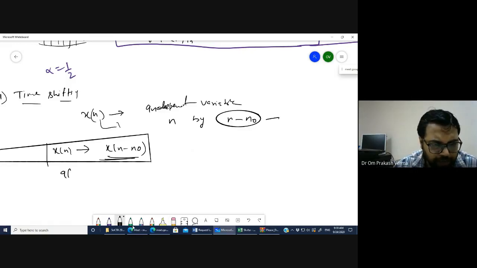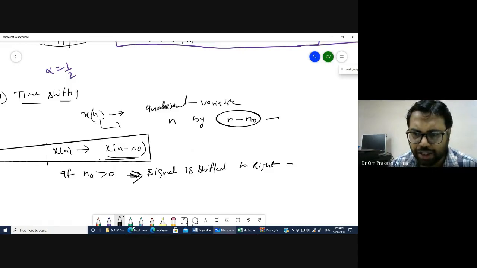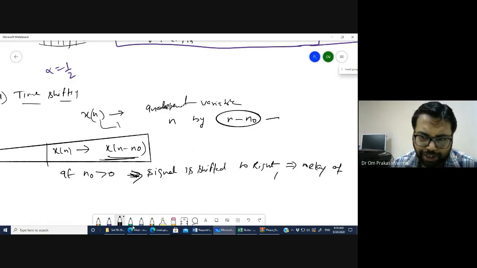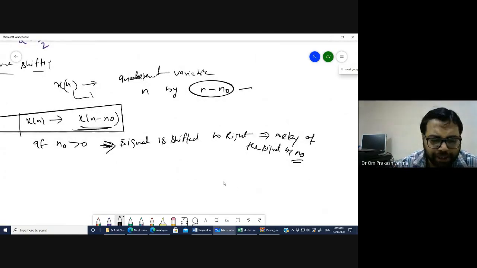Now I'm saying if n naught is greater than 0, it means your signal is shifted to the right side, and it is called delay. Delay of the signal by n naught, right? So what does it mean?